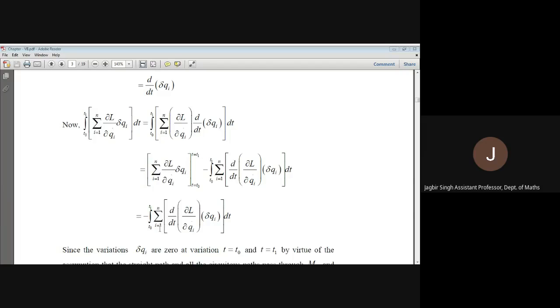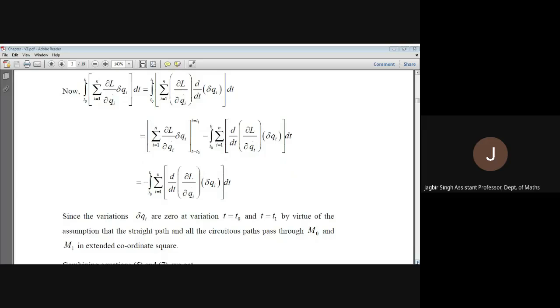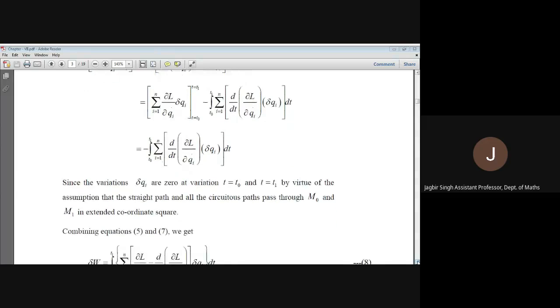Similarly, when t is equal to t0, it's the variation of the initial position, which is again fixed. So the first quantity on the right hand side is 0. And what remains is minus integration t0 to t1, summation i from 1 to n, d by dt of curly L by curly Qi dot del Qi dt. It is written since the variations are 0 at t0 and t1.